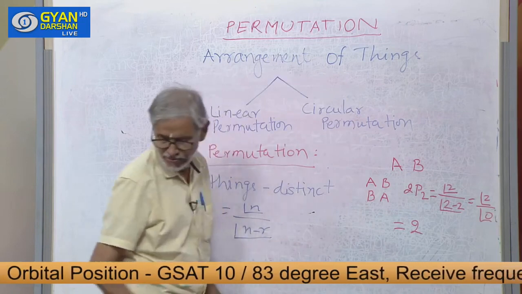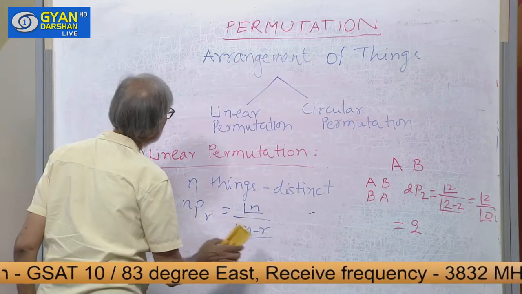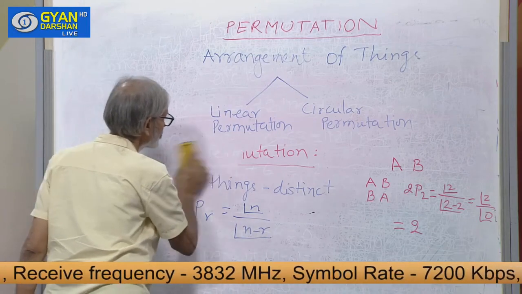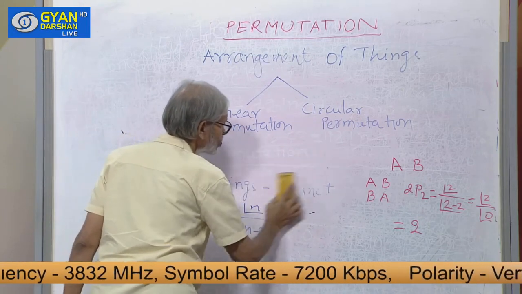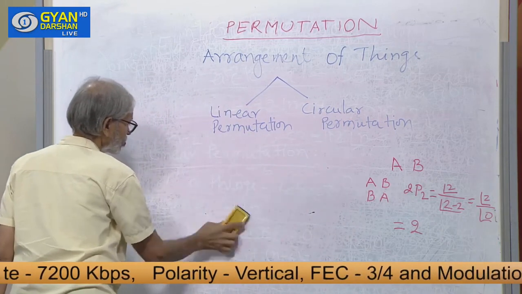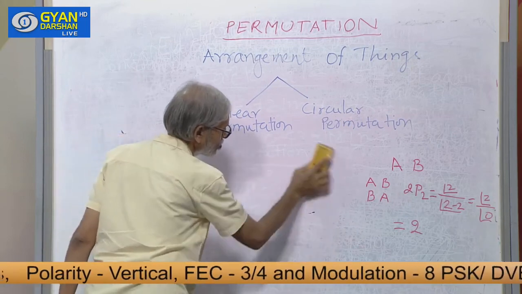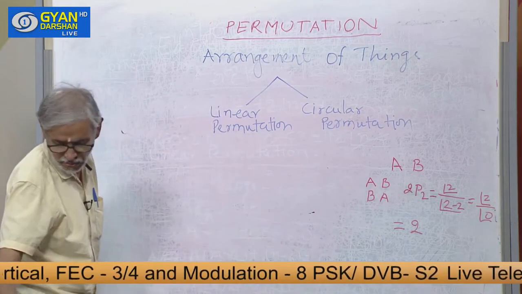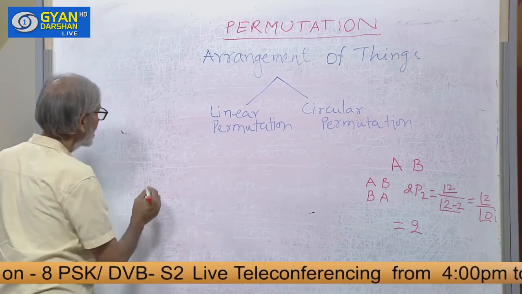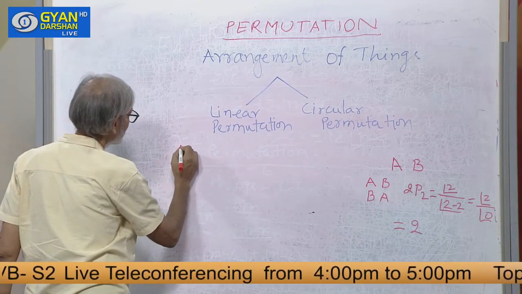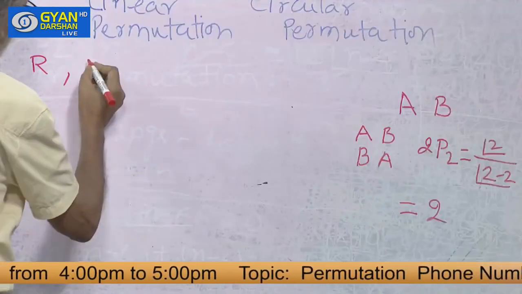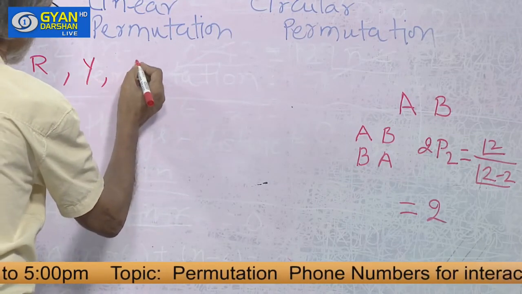Now, suppose instead of 2 there are 3 things. Say 3 lights are there, red and yellow and green.